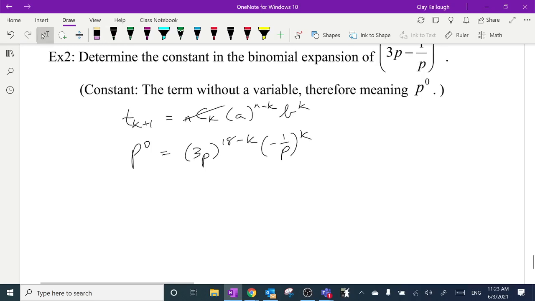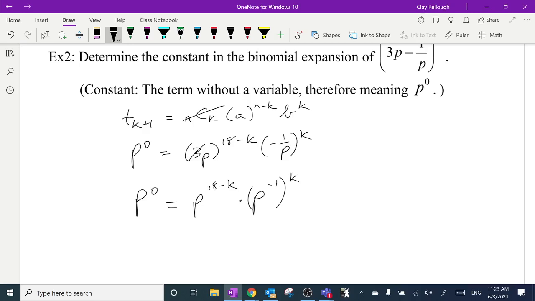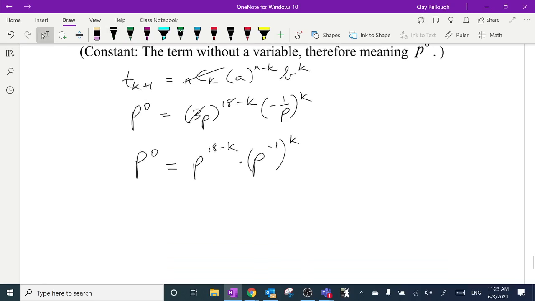Now again, I don't care about coefficients, so that means this 3 and this negative 1 don't matter to me. So that's p to the 18 minus k times p to the, change that to an exponent, negative 1 to the k. And there we go. I can now make that p to the 0 equals p to the, add those exponents together, 18 minus k.